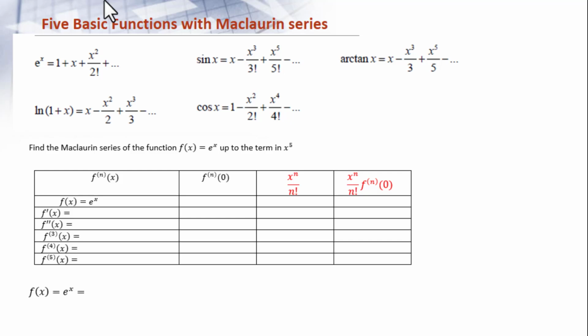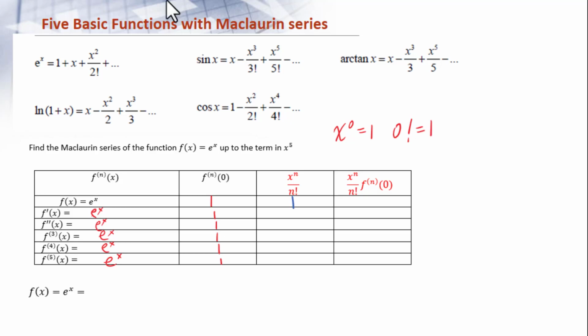The derivative of e to the x power is e to the x power. Then we will substitute 0 for x: 1, 1, 1. We do know x to the 0 power equals 1, and 0 factorial equals 1.